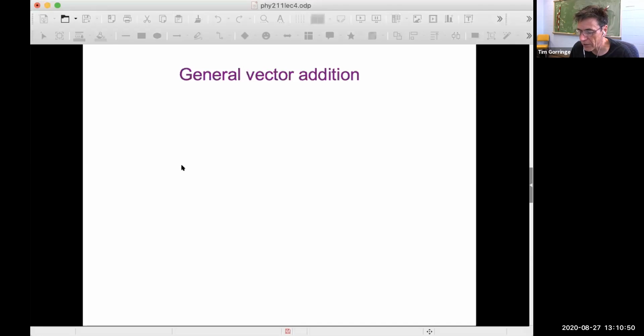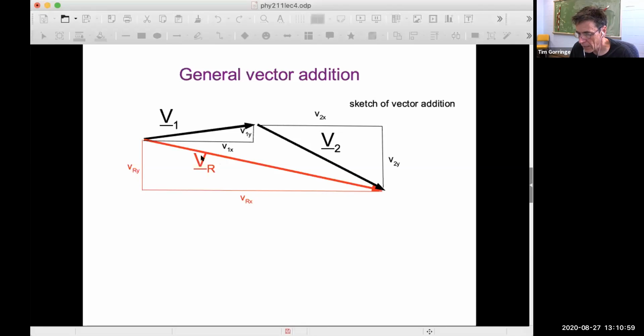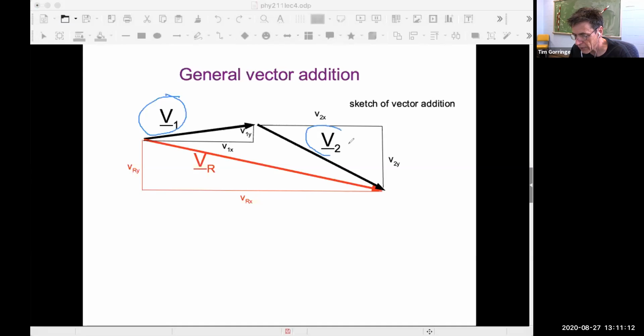Okay, so the general addition of two vectors, a method that works for any orientation of the vectors. Let me start by sketching that sort of addition. Here again, I'm sketching two vectors being added up. There's V1 over here on the left, there's V2 over here on the right.